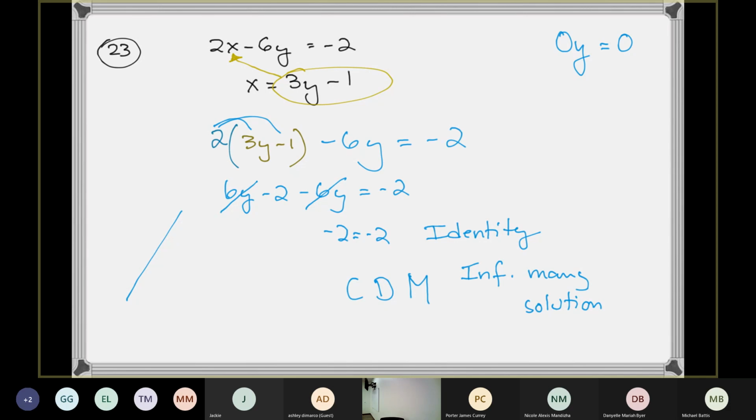Put it on the left. Negative 2 equals negative 2. So be careful. Don't think you're doing something wrong. Oh, I have to have a variable. No, you do not need to have a variable because we have 3 different types of answers.